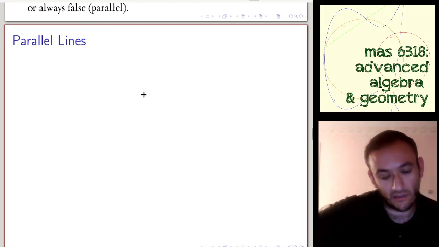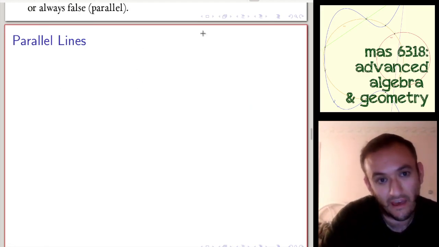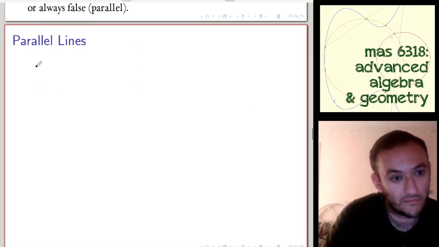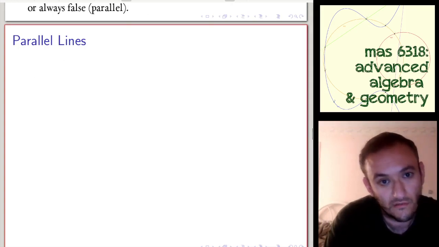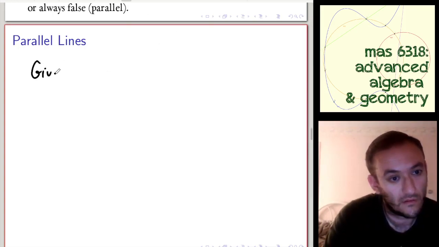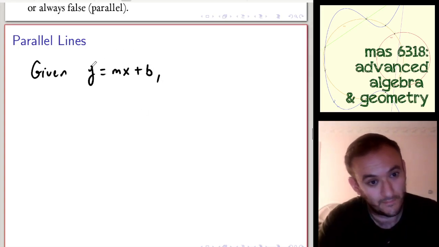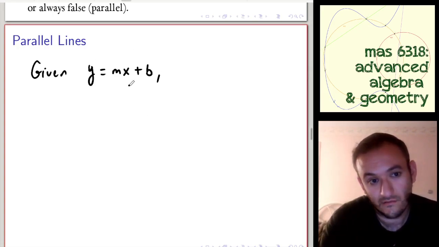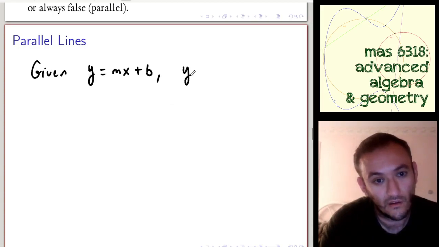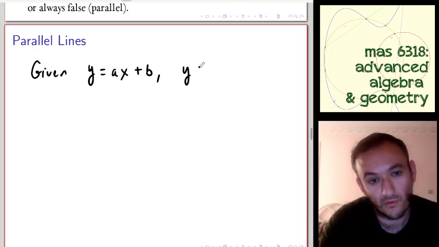So in particular, if you have lines of this form, given y equals mx plus b, and let's say these are two different lines, let's make this y equals ax plus b and y equals cx plus d.